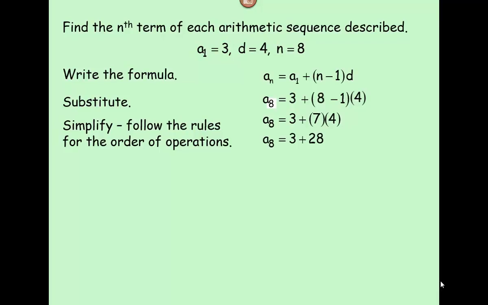And finally we'll add 3 plus 28. So a sub 8 equals 31. If we were to finish off our sequence and do it the long way, just by adding 4 each time, we would get to 31.